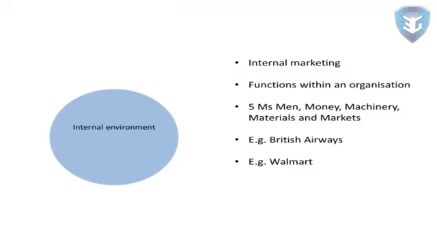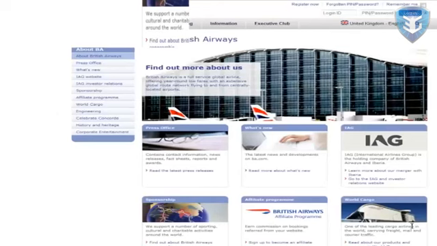Let's have a quick look at British Airways. Looking internally at men, British Airways employs pilots, engineers, cabin crew, marketing managers, etc. Money is invested in the business by shareholders and banks, for example. Machinery would include its aircraft, but also access to air bridges and buses to ferry passengers from the terminal to the aircraft.